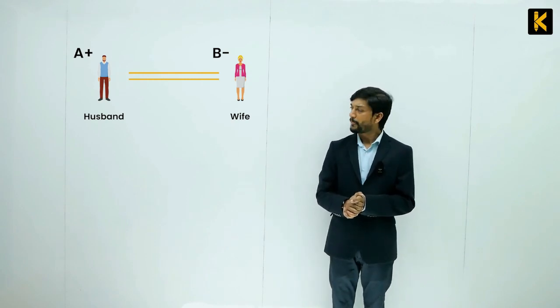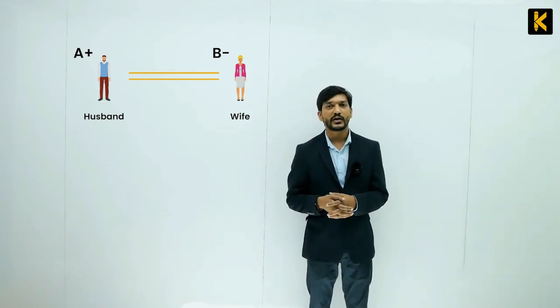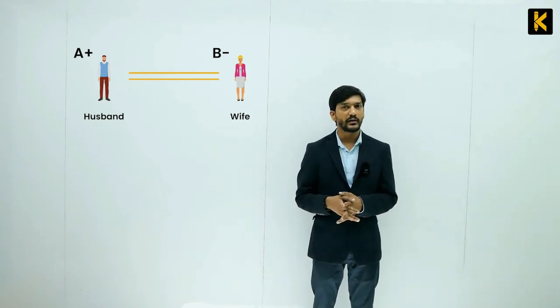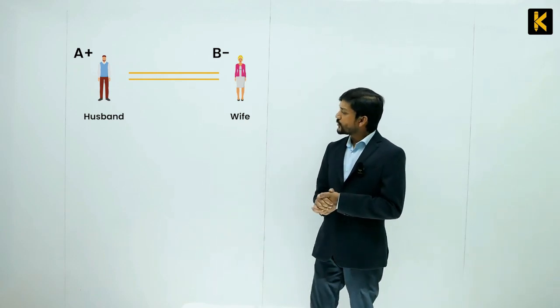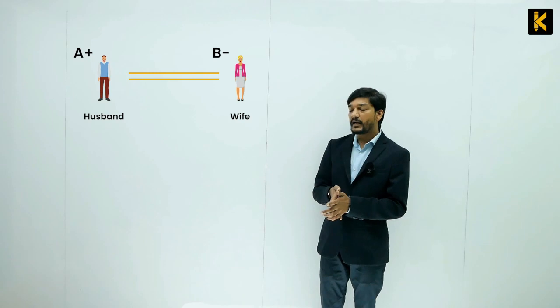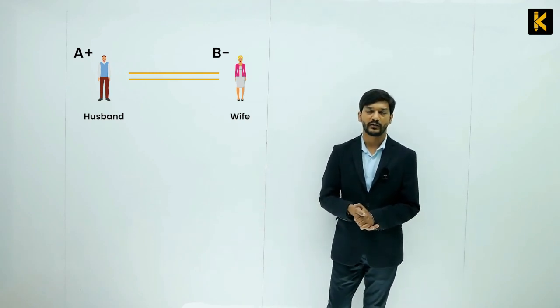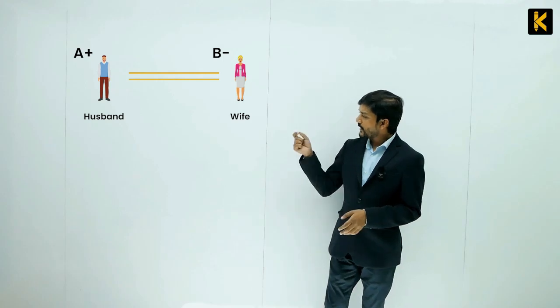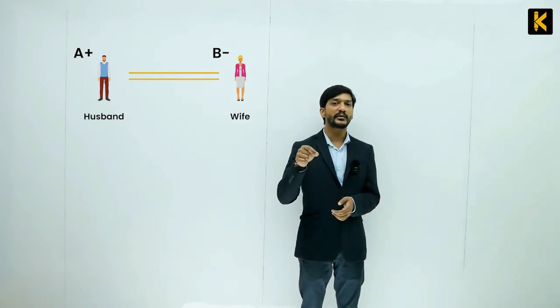Now I will be telling you what brother-in-law, sister-in-law, mother-in-law, father-in-law are, like that. Here I have shown A as the husband and B as the wife. Now this person A will have a real brother and real sister, yes or not?